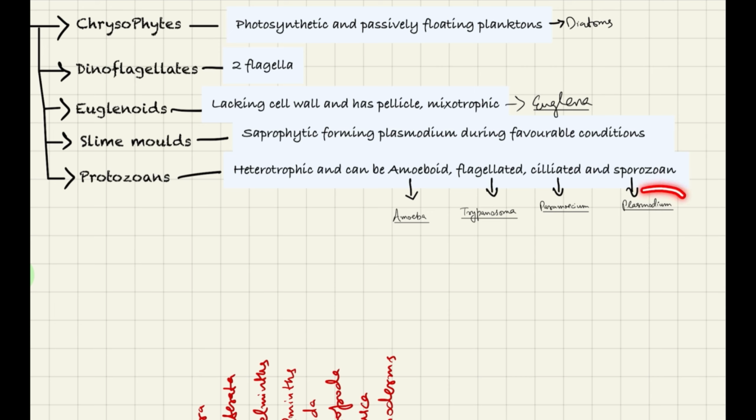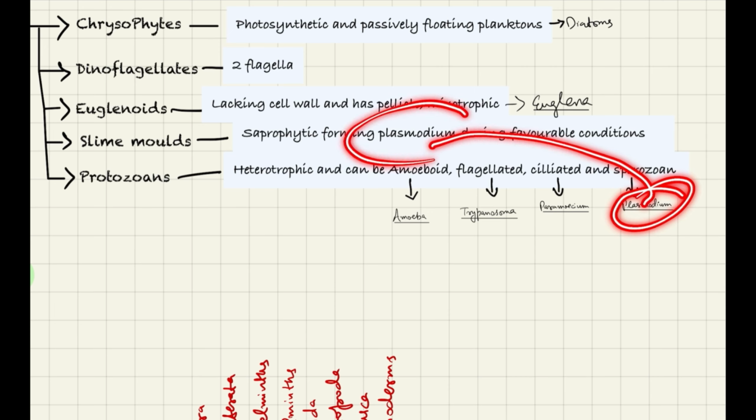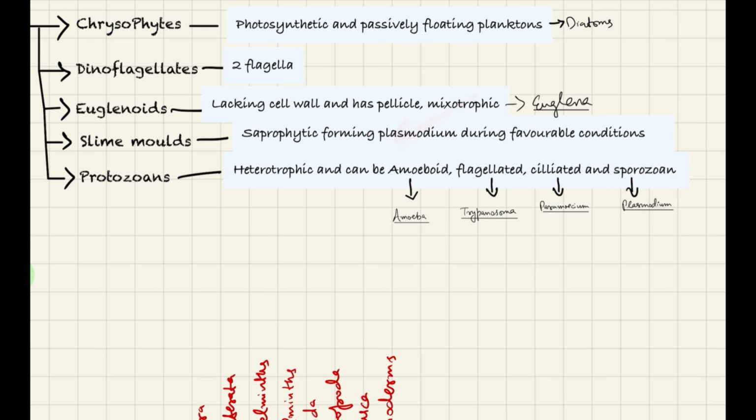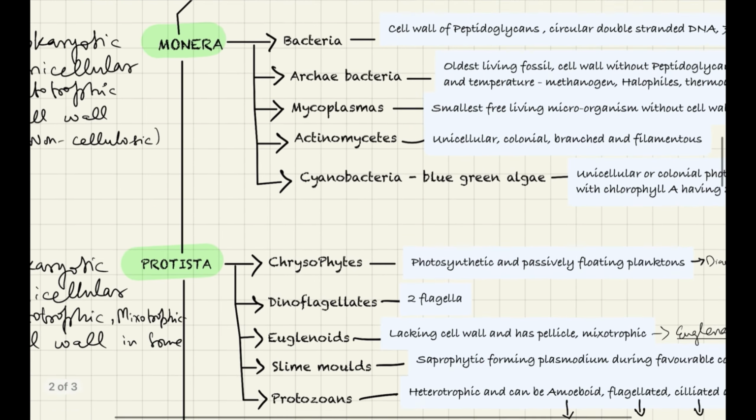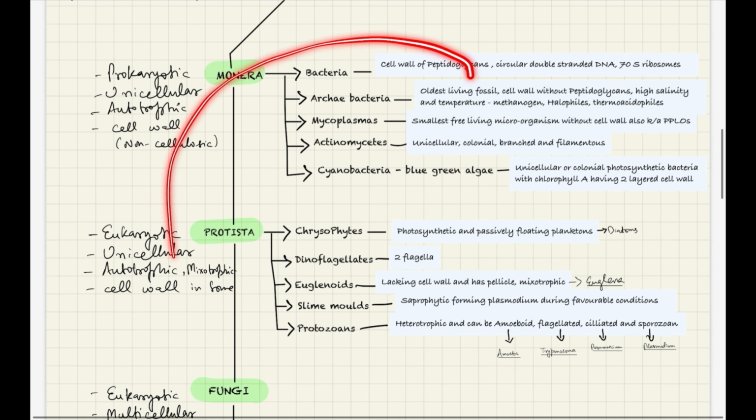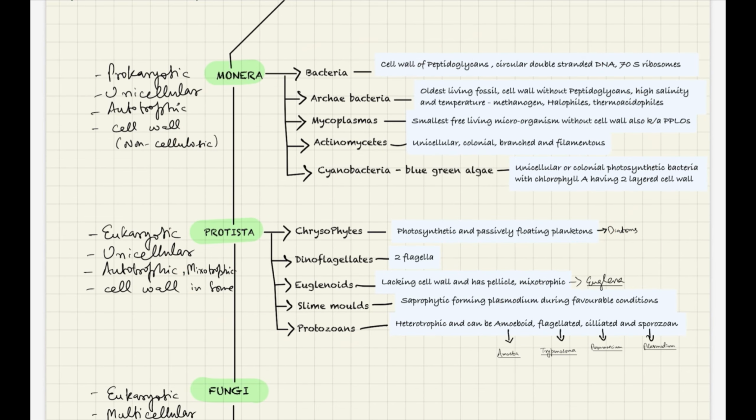It is a malarial parasite, and this plasmodium is different from the slime mold one. That is just an aggregation, this is an organism. So here various dots connect, and we get better conceptual clarity by studying this part.